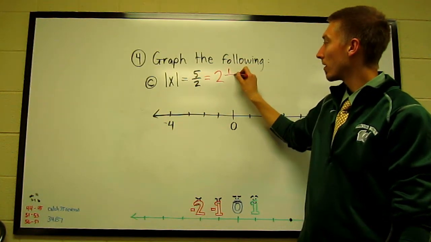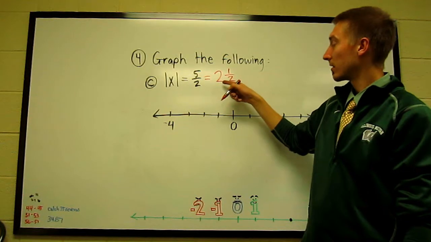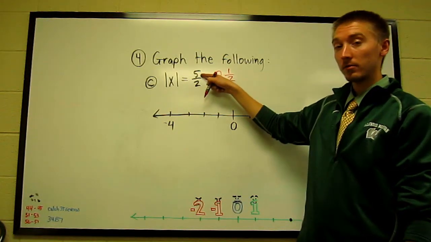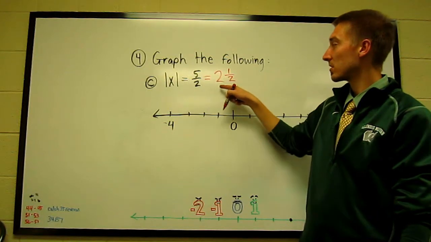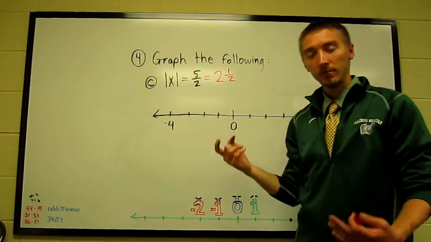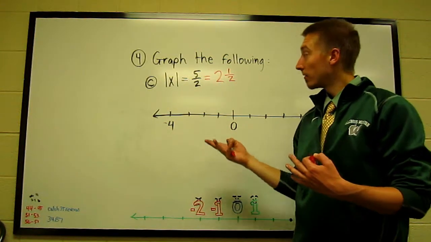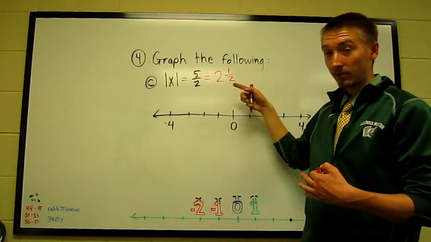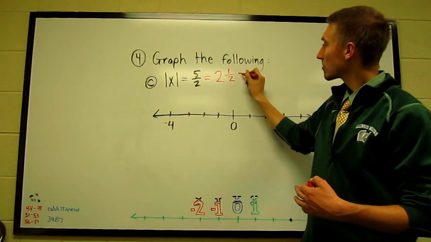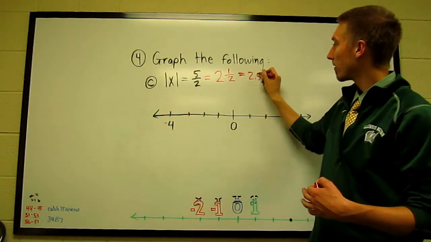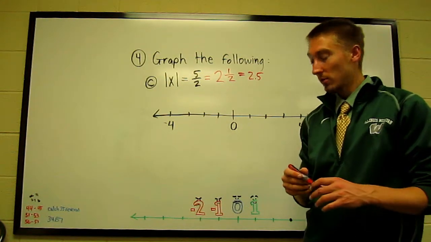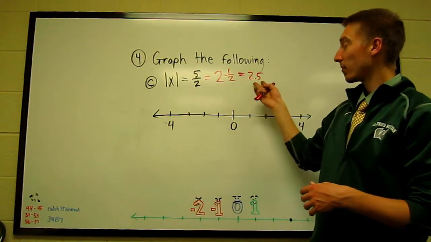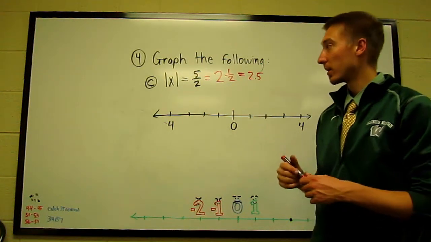It will be 1 half, because 2 times 2 is 4, and then plus 1 is 5. So 5 halves is equal to 2 and 1 half. And if you think of money, if you split $5 between 2 people, each person gets $2.50. This is also the same as 2.5, which is a decimal. So either way, if you want to write this, 2 and 1 half or 2.5, it's fine with me.